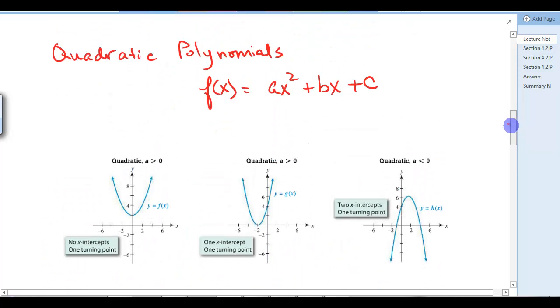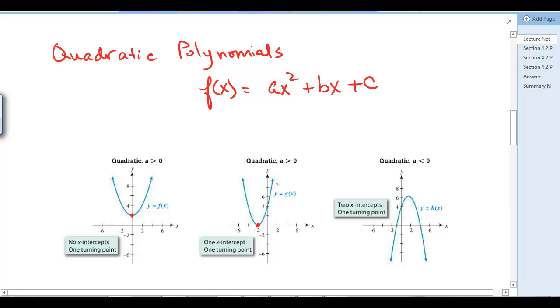When you get to quadratics is when we begin to have some turning points. If a is positive, you can have this or this. If a is negative, you're going to have it upside down. Now in this one we have no x-intercepts, but we do have one turning point. In this particular case, we have one x-intercept and one turning point.